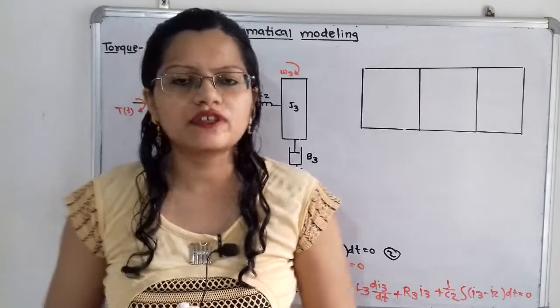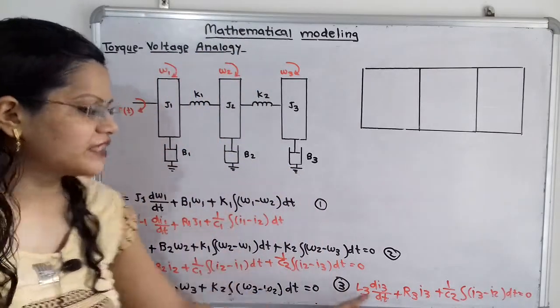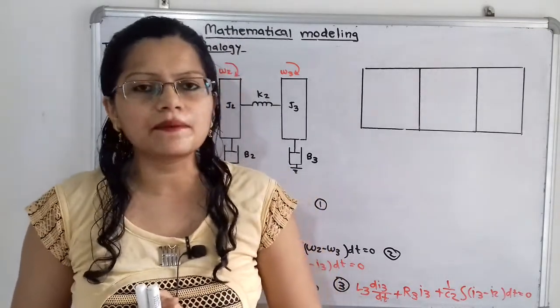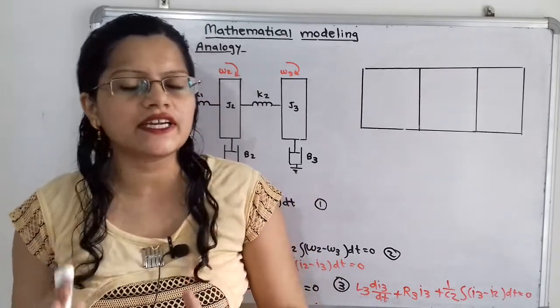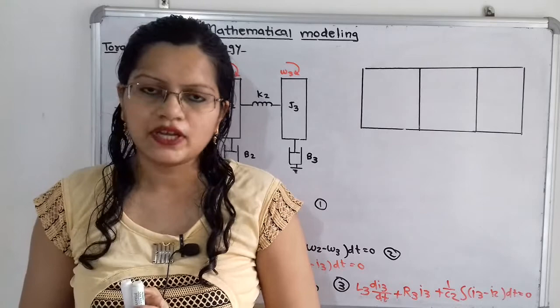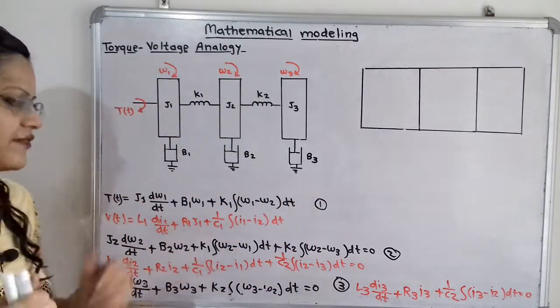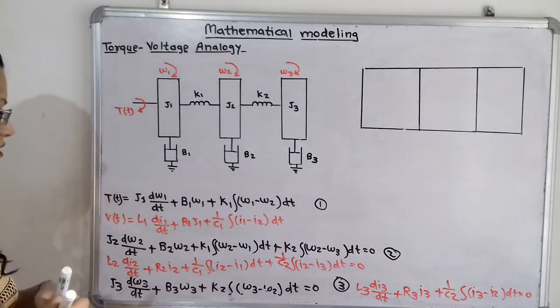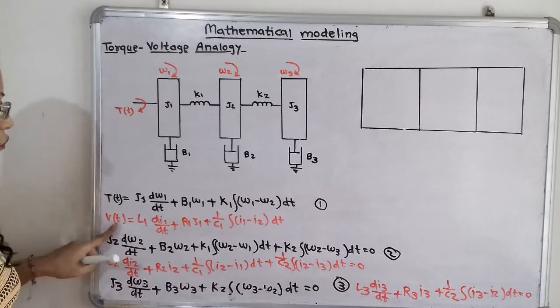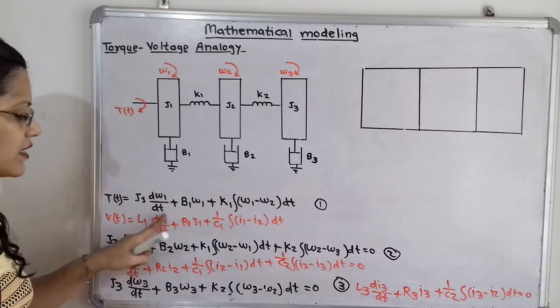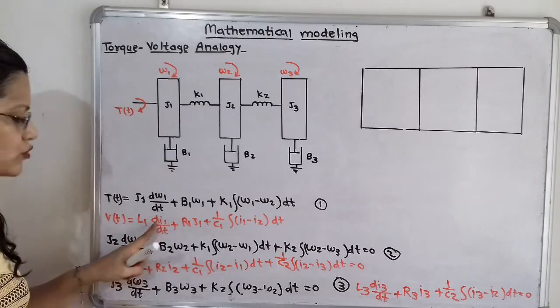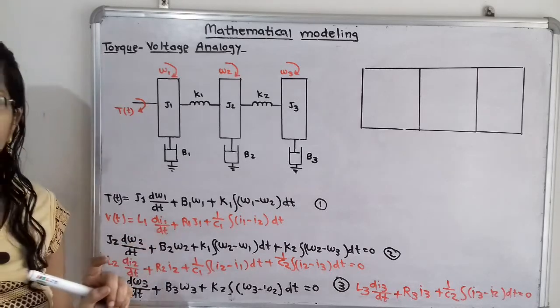Now we will observe these three differential equations and make some data regarding the coefficients of resistor, inductor and capacitor. So we move to the first differential equation. For this first differential equation, voltage is the input. Inductor L1 is along current I1, because the coefficient is in the form of di1 by dt.